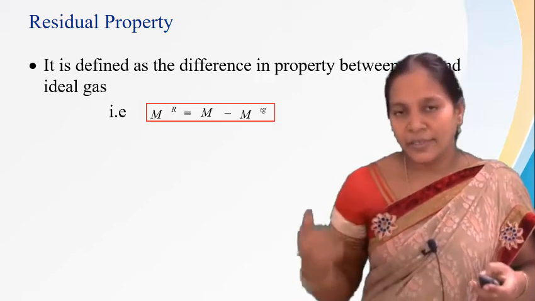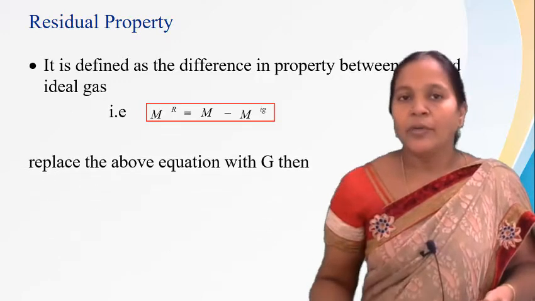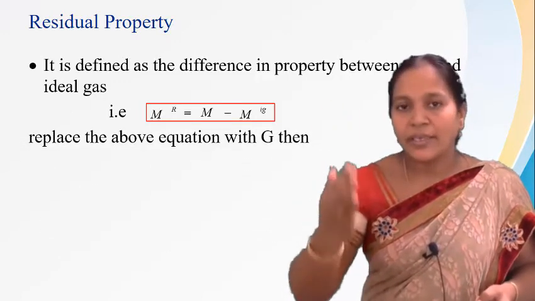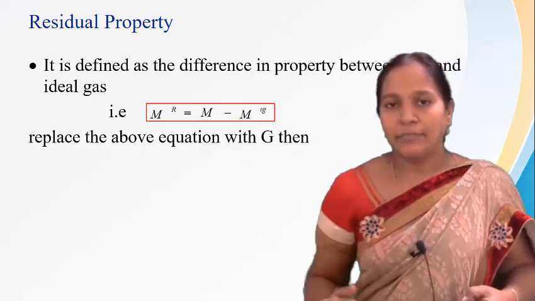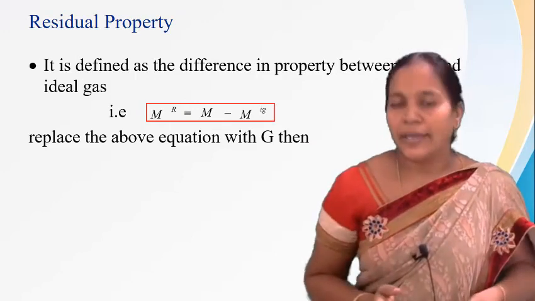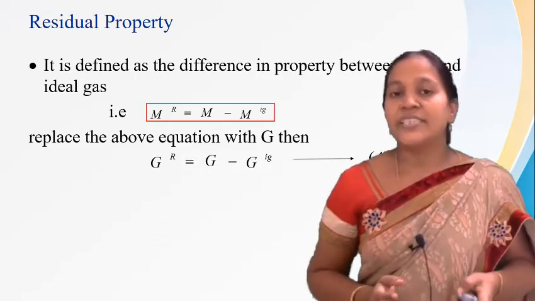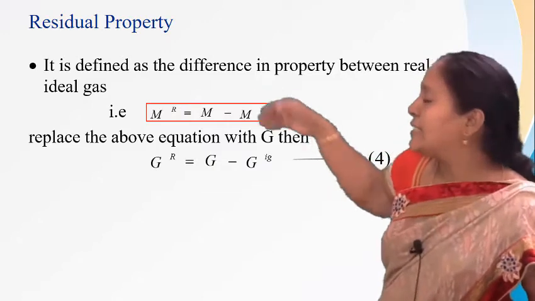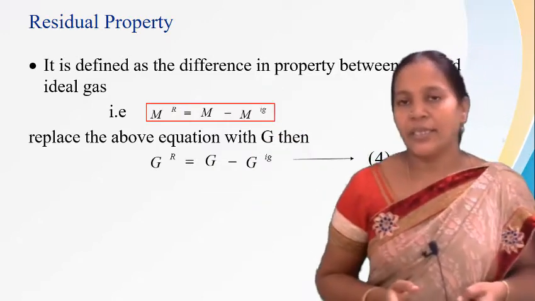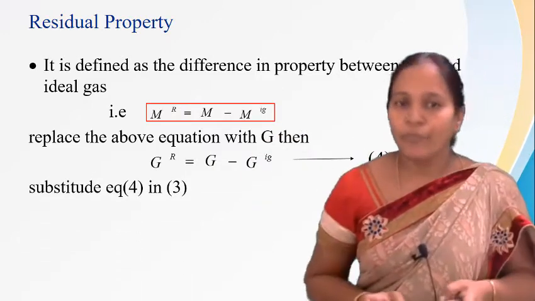M is a general property. We replace M with G, that is Gibbs free energy. Therefore, G^R is equal to G minus G^ig. Note this as equation 4.